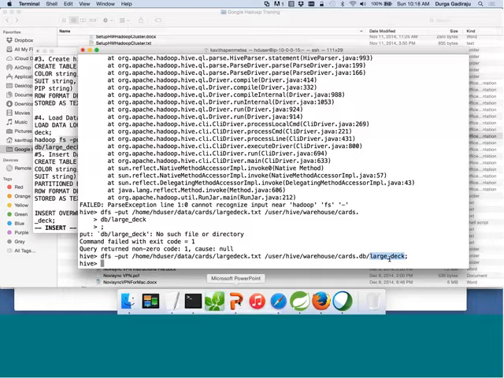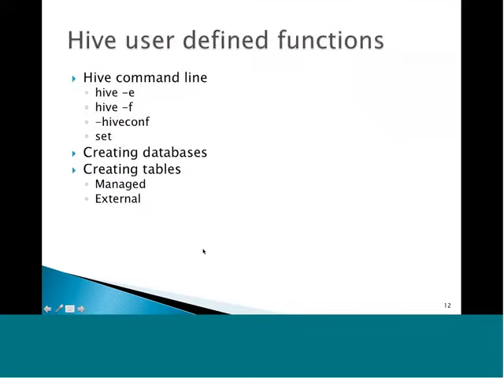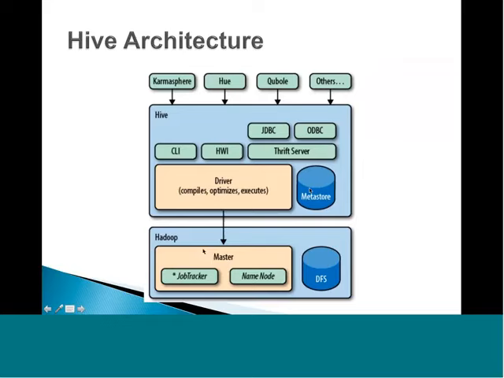If you go back to the picture, Hive Metastore has the table structure, and this driver is capable of using that information in the metastore and generating the MapReduce code. Okay, and also it can compile, it can optimize, it can execute the job.